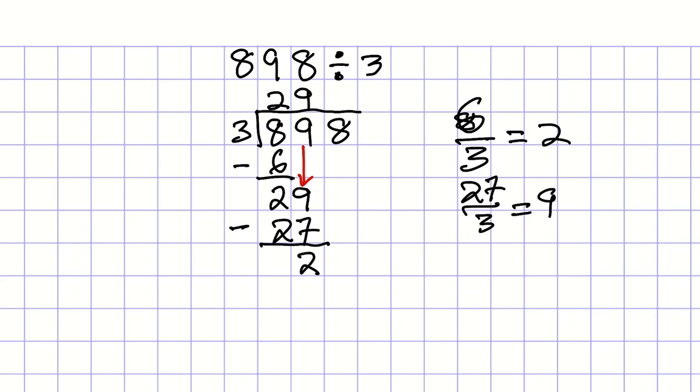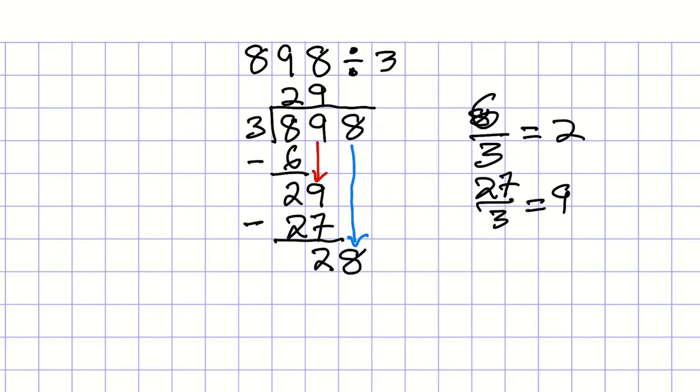Go ahead and bring down 8. Bring down 8 right down here. Okay, so you put 8 there, and then you repeat the process. 28 divided by 3, it can only divide 27, and we get 9, right? So you put the 9 in here, and you say 9 times 3 is 27, and then you subtract.